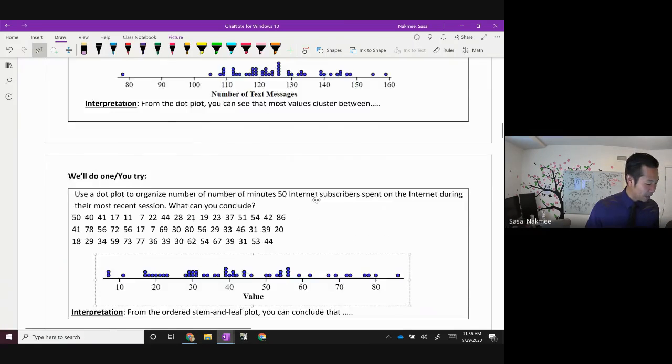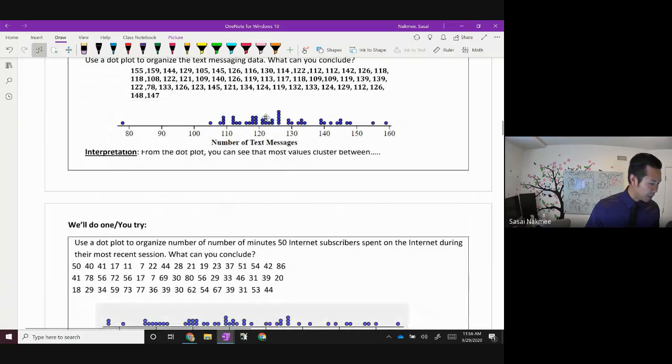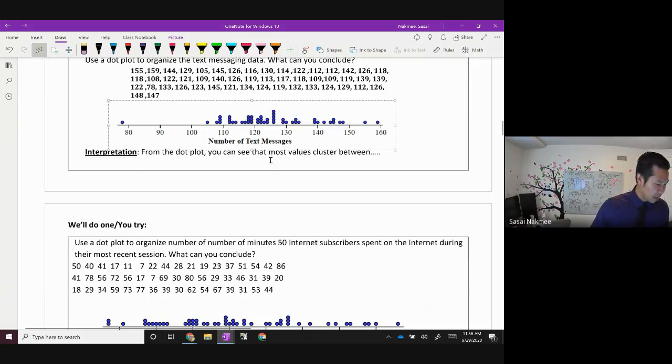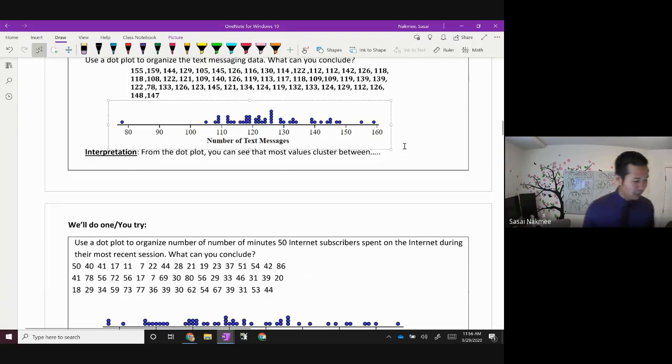And I needed to do this before you go today, which is talk about this real quick. From the dot plots, you can see most values cluster between. And this is what you guys need to do now. When you look at these dot plots, you not only need to know how to make these using that site, but you need to know how to analyze them.